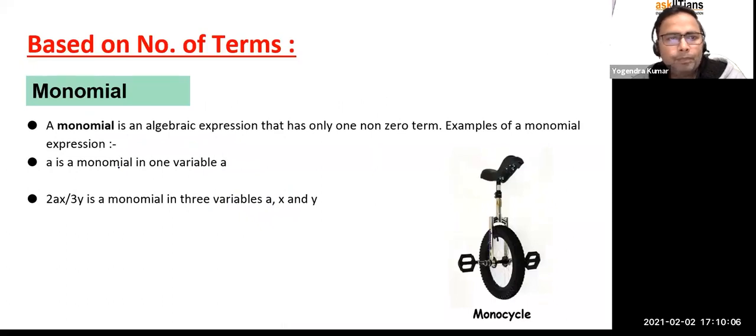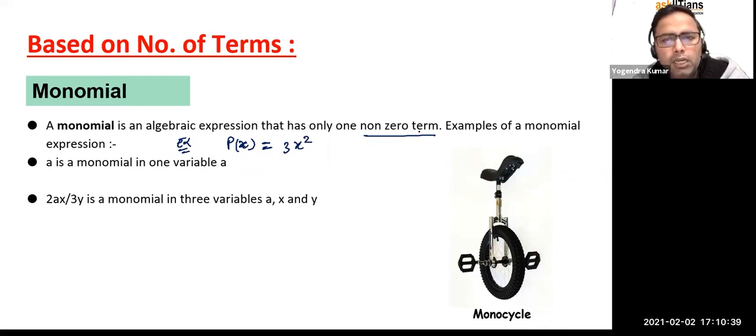Now, what are monomials? Based on the number of terms, we define monomials. A monomial is an algebraic expression which has only one non-zero term. See, if I have a polynomial p of x written as 3x square, this is a monomial, because one term is there.